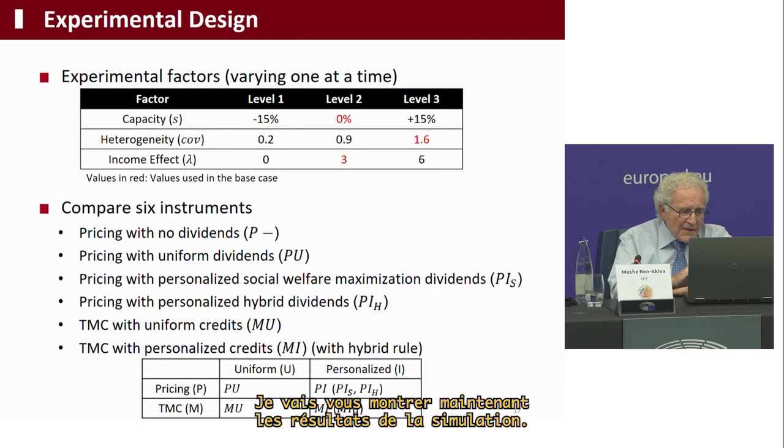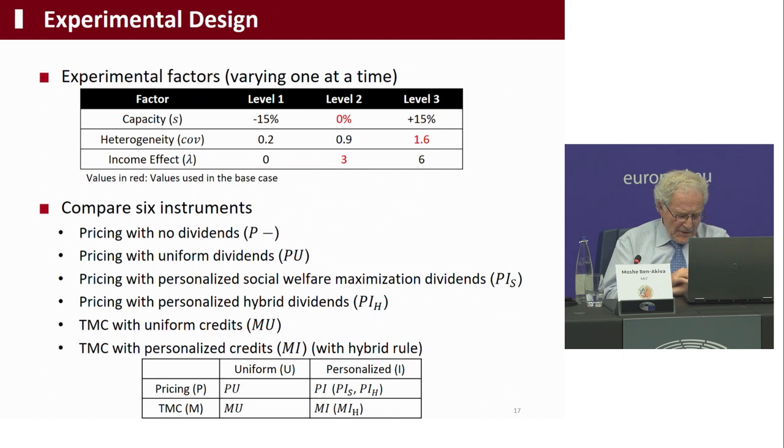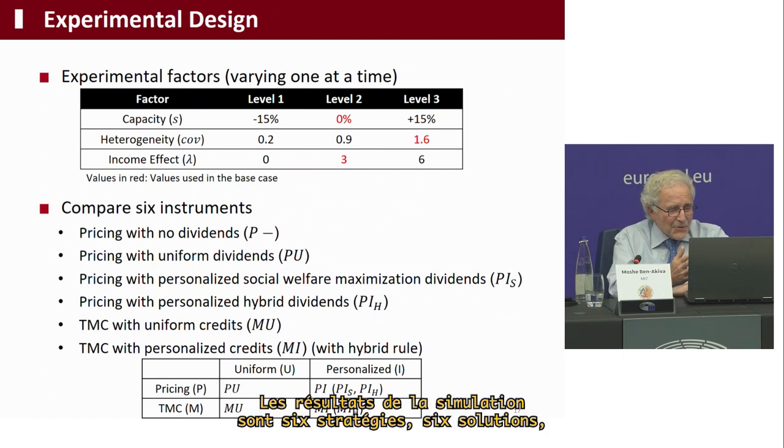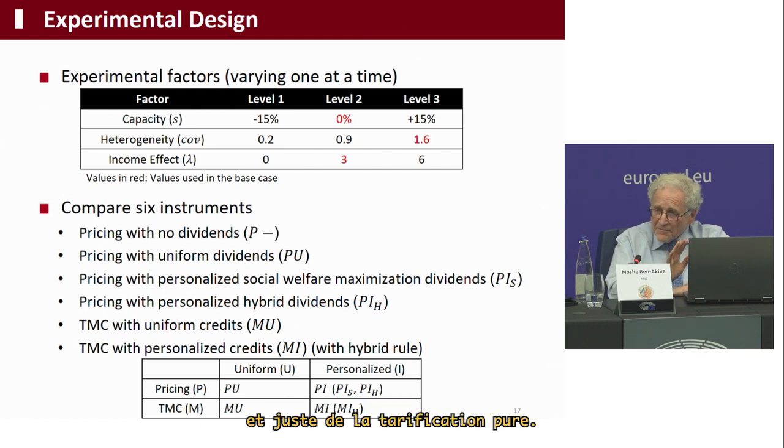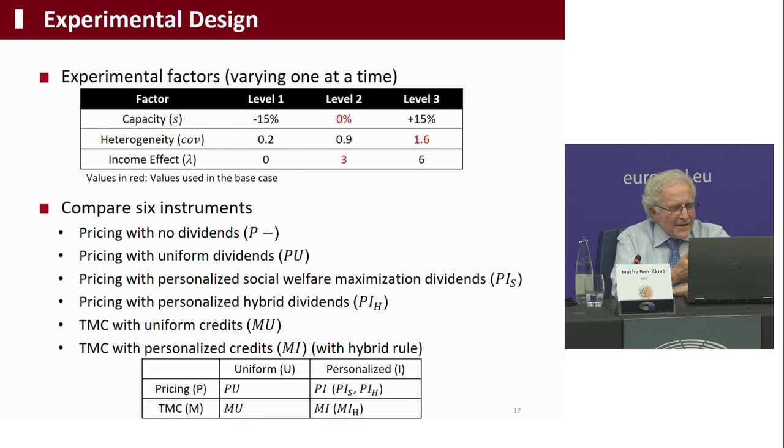And so I'll show you now results of the simulation. The results of the simulation are 6 strategies or 6 solutions: just pure pricing, no dividend, no cap and trade, and then uniform dividends. That's another option.